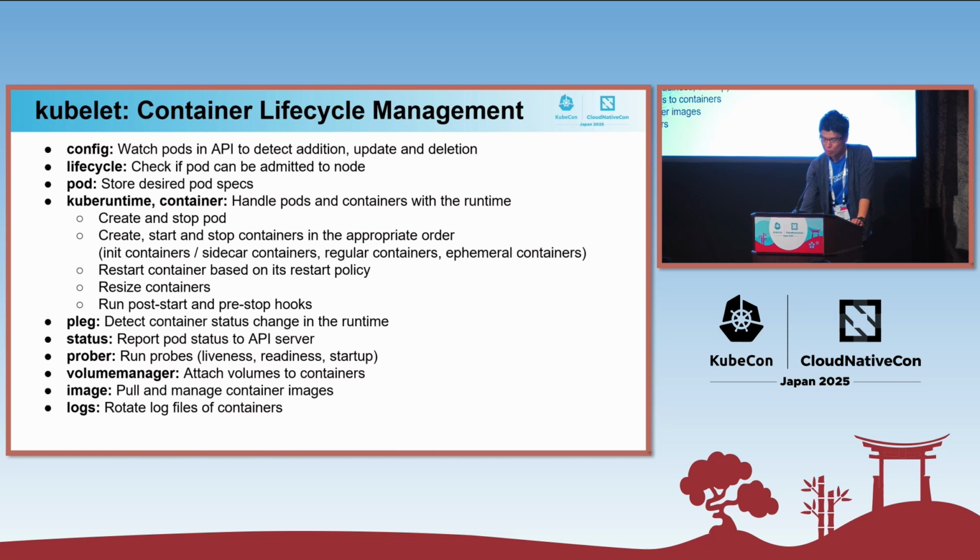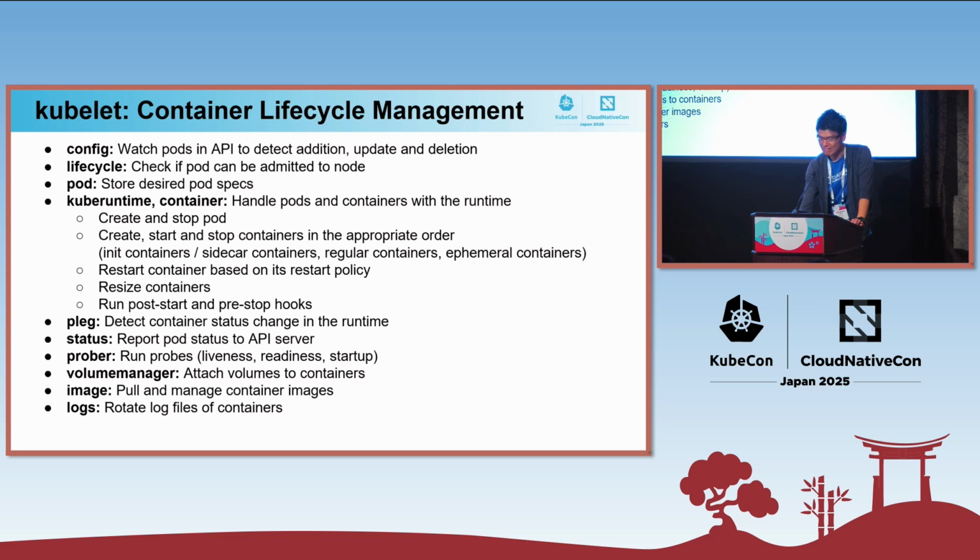First, I'll walk through how Kubelet manages the lifecycle of containers. This is a fundamental role of the Kubelet. First, the config package watches the Kubernetes API server. It detects when pods are added, updated, or deleted.